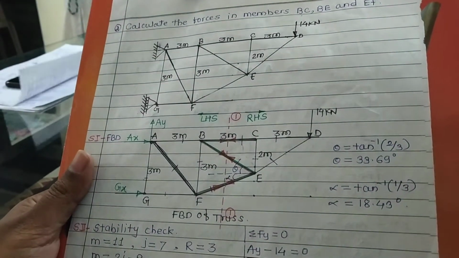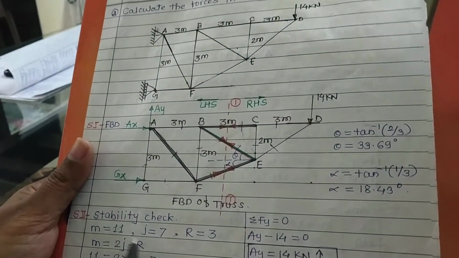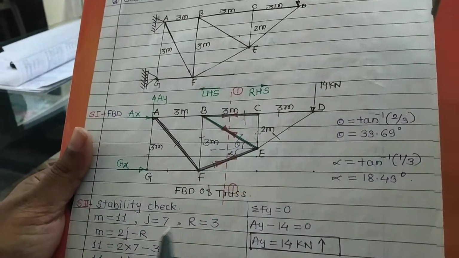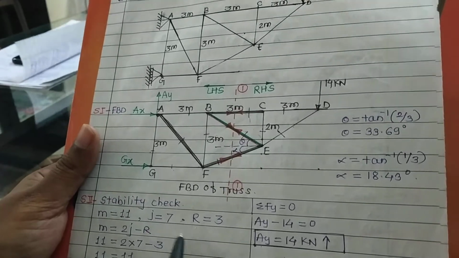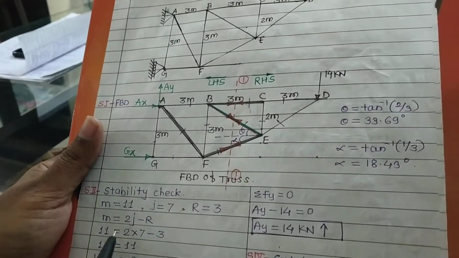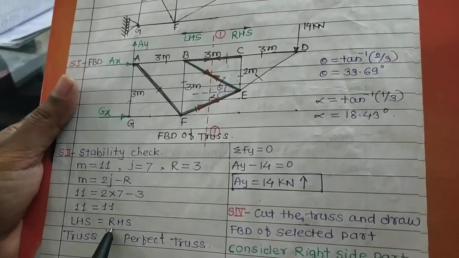Joints are 1, 2, 3, 4, 5, 6, 7, so the total is 7 joints. Total support reactions are 1, 2, 3. In this case, the LHS is equal to the RHS. That's why the truss is a perfect truss.